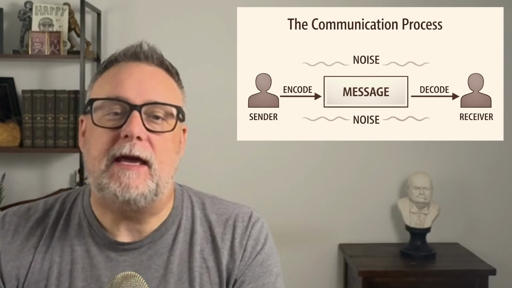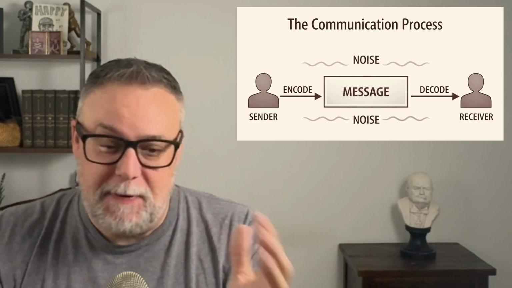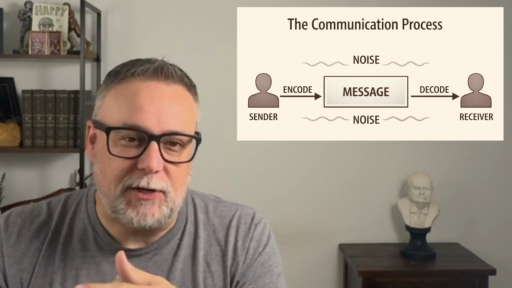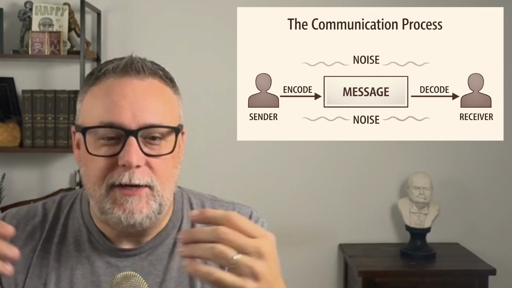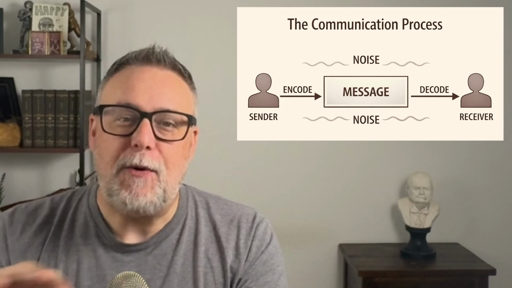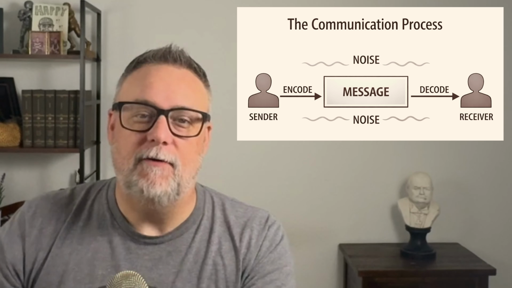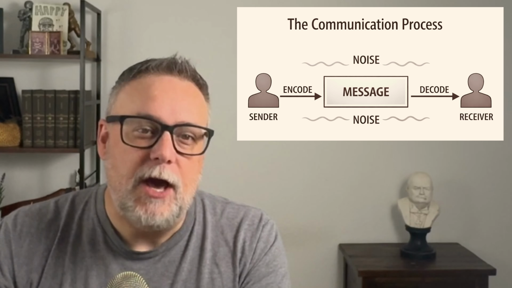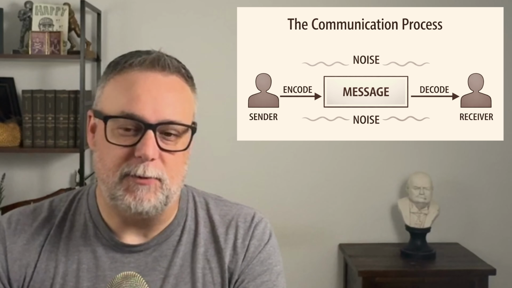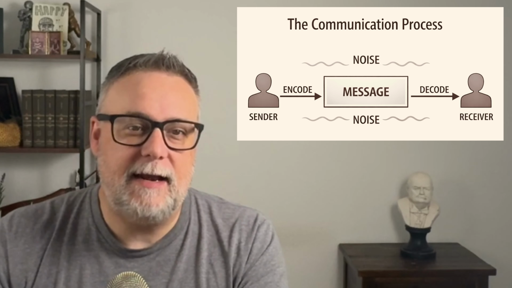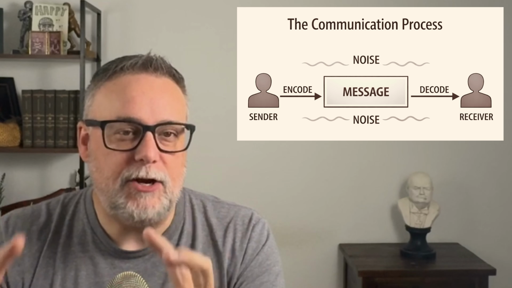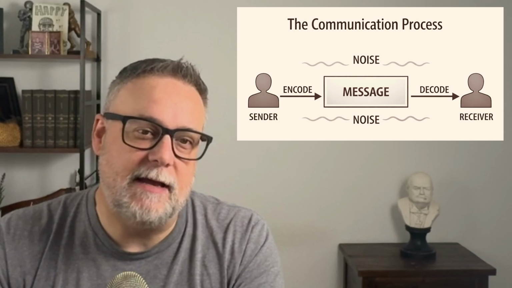When you're communicating with your audience, the people at work, your husband, your wife, your kids, person across the coffee table from you, your congregation, whatever it is, you're actually doing the opposite of what the Germans were doing. You are trying to make your code as easy to understand as possible. They were trying to disguise it, to hide it. You, on the other hand, are doing the opposite. You want to make your encoding and your message as easy to understand as possible.